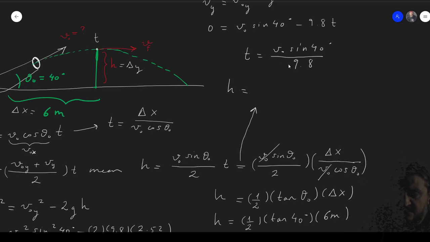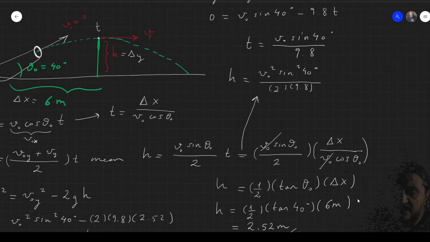So v naught sine theta, v naught squared sine squared 40 over 2 times 9.8, and h is 2.52.